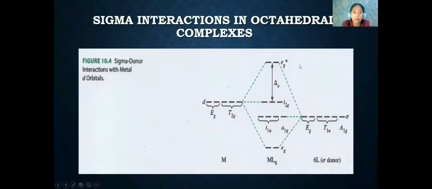This is the same as in molecular orbital theory, where bonding and anti-bonding orbitals are formed. And for the T2g of the metal, the energy is unaffected. This is because there are no orbitals of the same symmetry on the ligands. So there is no bonding that would happen in the T2g. So these are non-bonding orbitals.